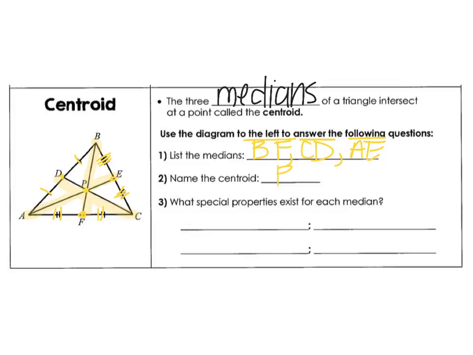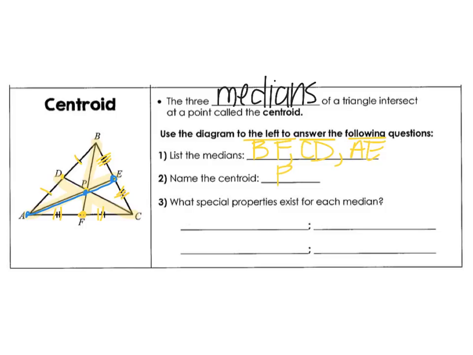Also, another special property about dealing with medians and centroids is that we can break apart the median into special parts. So, for example, if we're dealing with this median right here, we know that AP is going to be twice as long as PE.